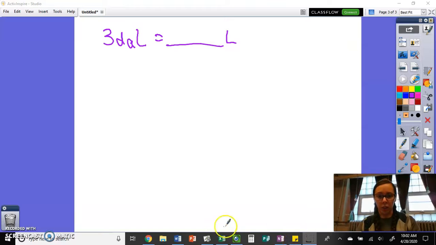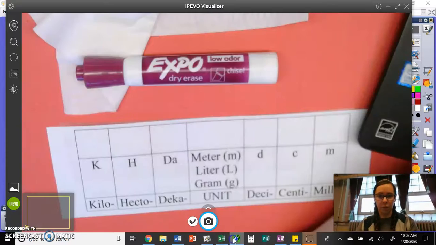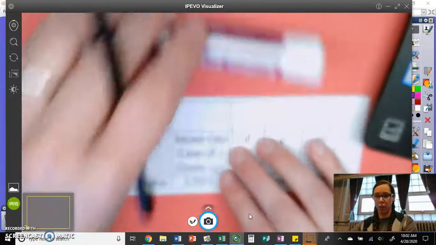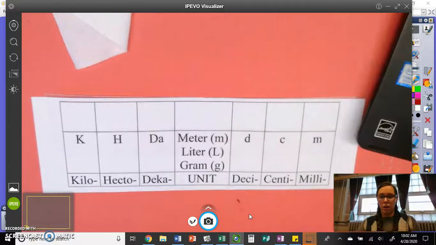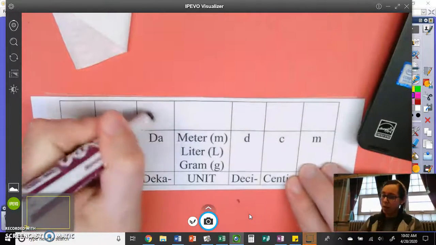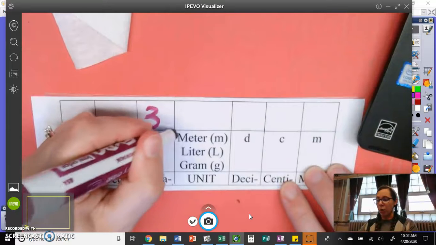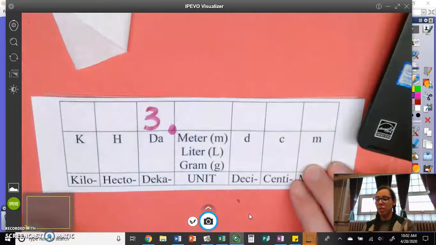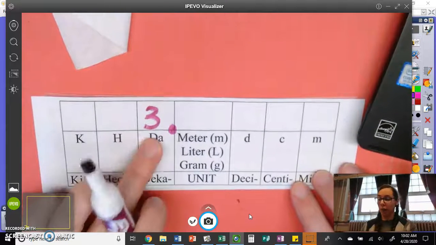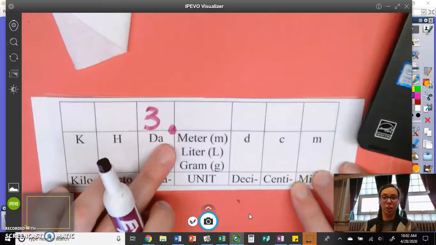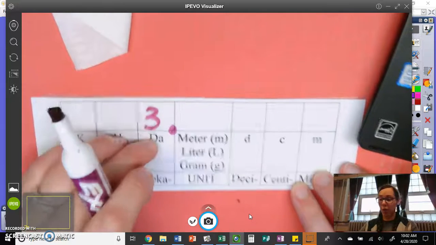Okay, let's look at our chart here. Let's see what this looks like for real. If I have 3 deciliters, always put the decimal point at the end of the unit you're using behind the number. So here we put it behind the 3 because we only have 3 deciliters.